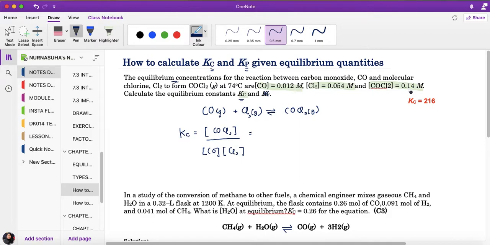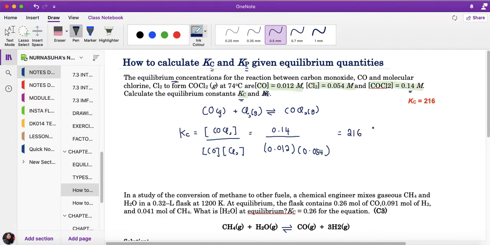Biasanya student salah masuk. So 0.14 divide by 0.012 times 0.054. So now, please key in pula. Press your calculator. Okay, so you should get this value 216.